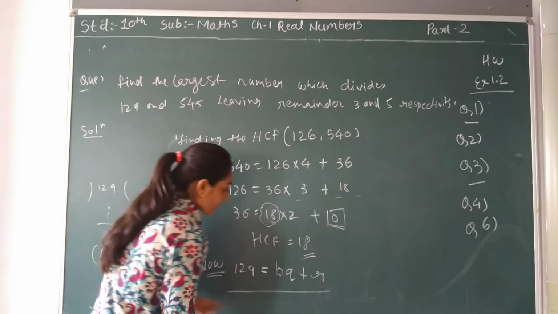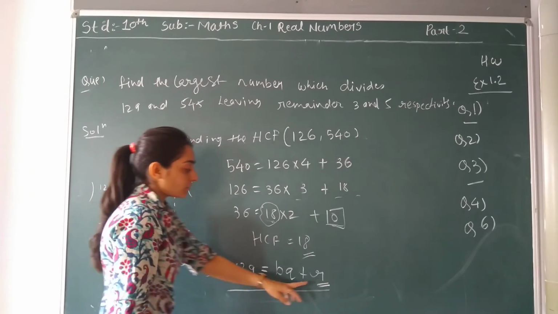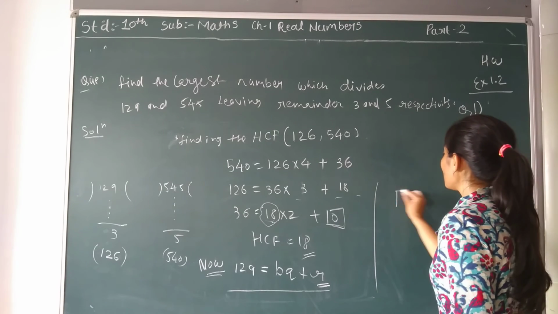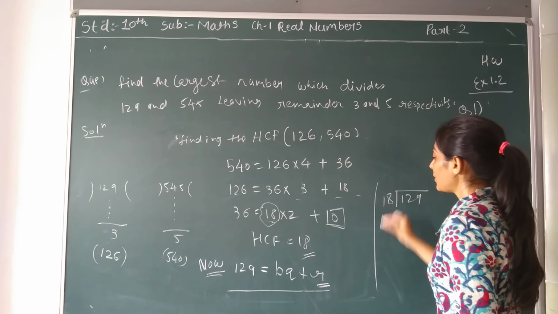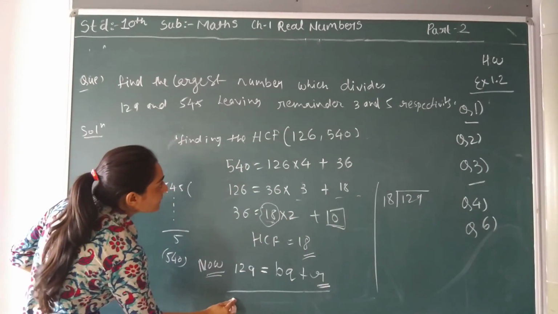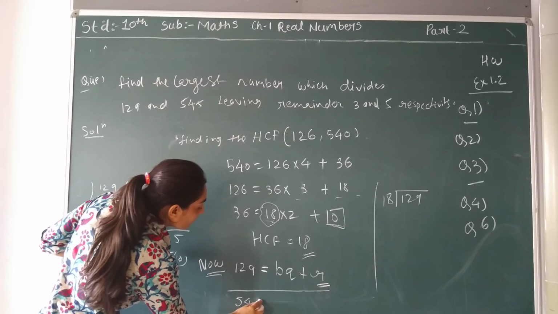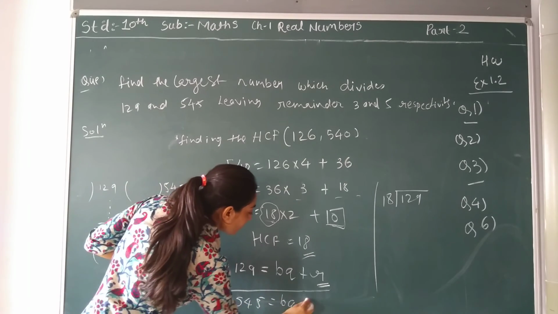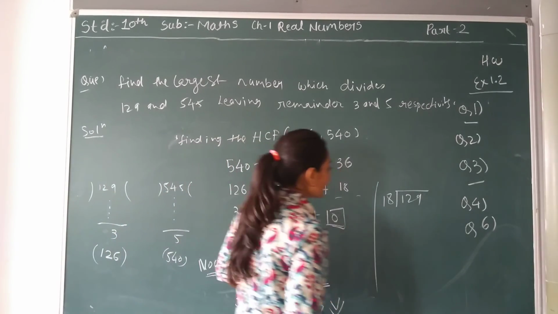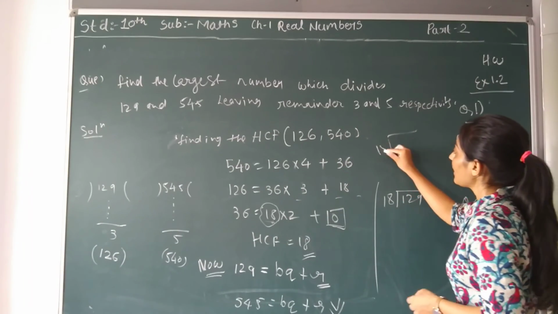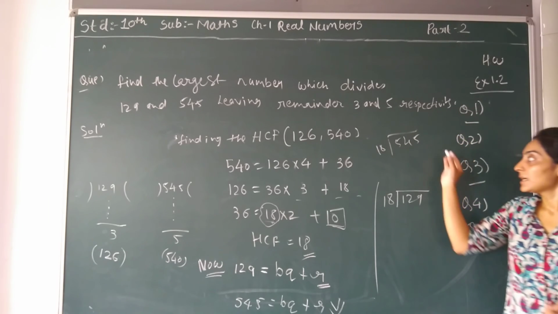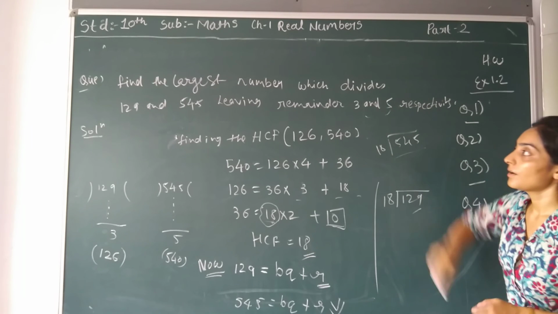Check whether I am getting the remainder 3 over here or not. You just have to do the simple division by 18. Similarly, 545 equals divisor into quotient plus remainder. Check that by simply dividing 545 by 18, whether we are getting these remainders or not.